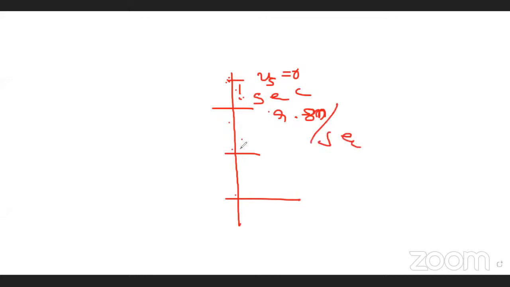And after 1 more second, its velocity will be 19.6 meter per second.